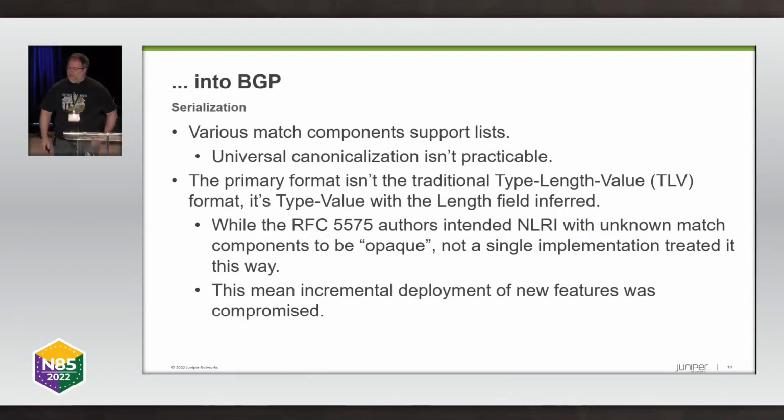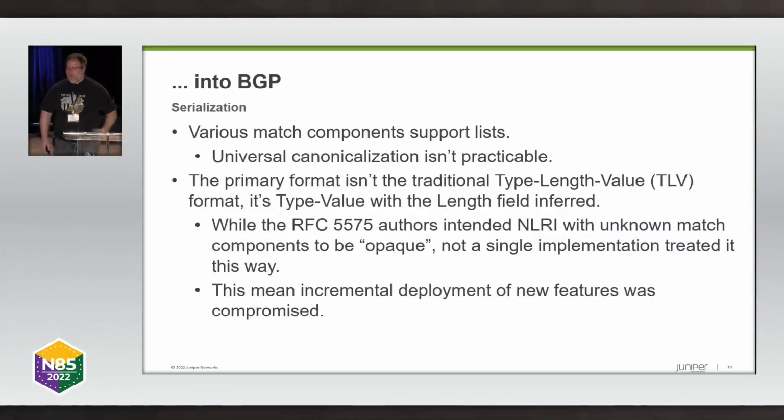And the biggest headache that we have is that Flowspec isn't a traditional type length value protocol. For strange reasons, which maybe somebody will shed a little bit of light on after the talk is done, the length field didn't actually make it in there. And as a consequence, we missed an opportunity to allow the protocol to be arbitrarily extended.